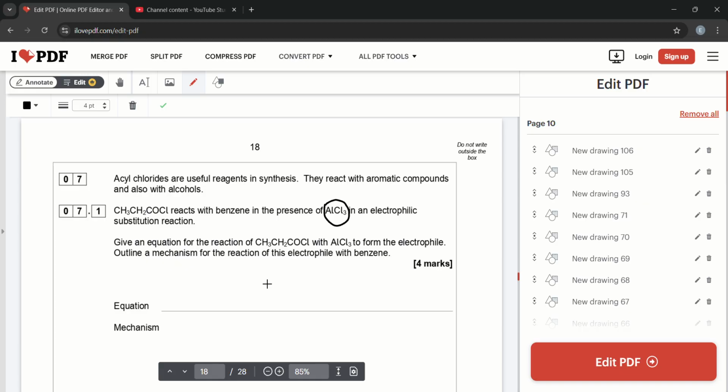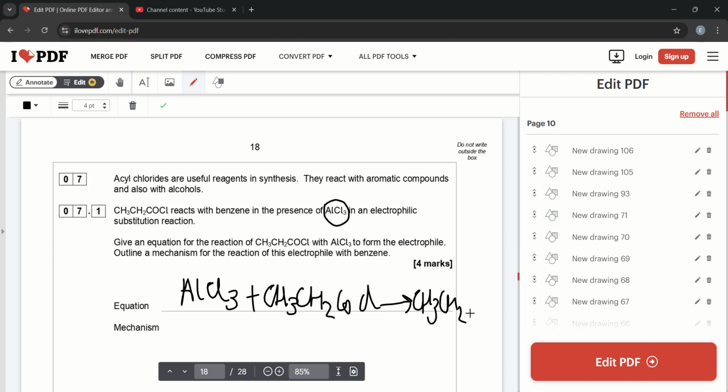So it's going to be AlCl3 plus CH3CH2COCl, arrow, CH3CH2C double bond O, carbon positive, and then the AlCl4 minus, and that's a carbocation.